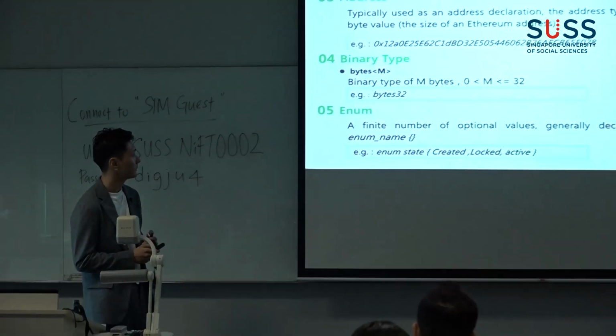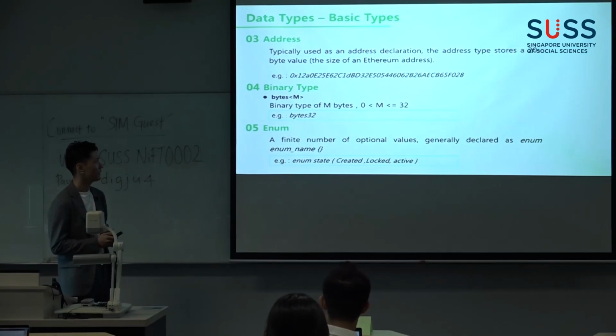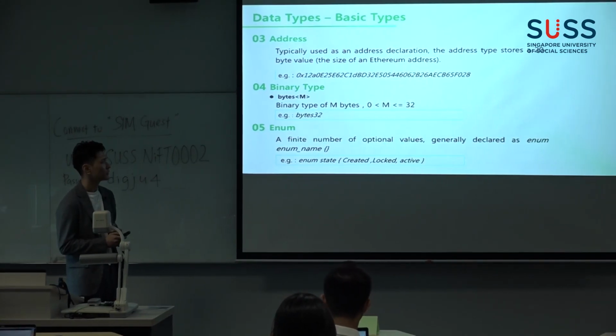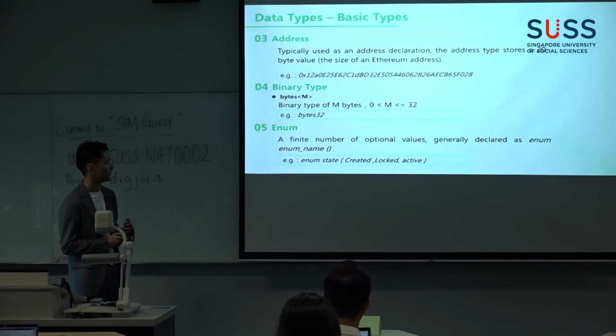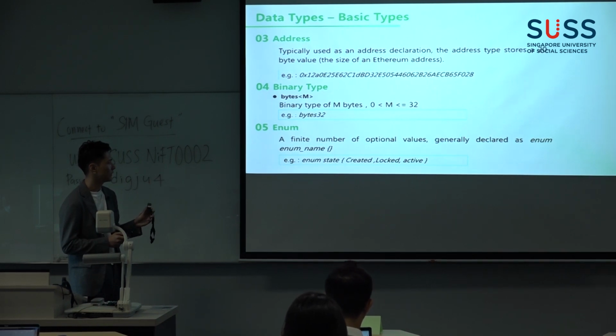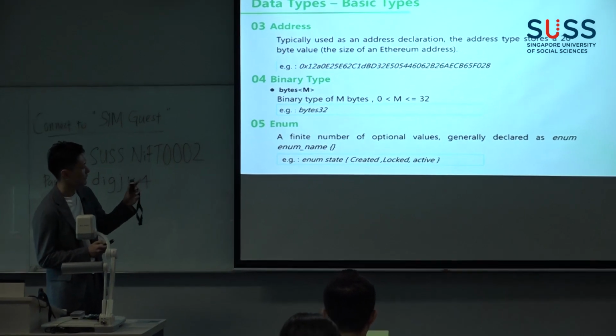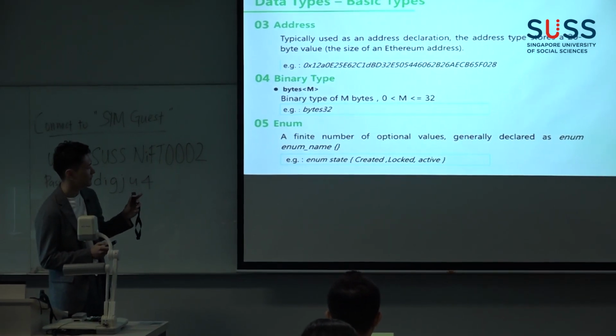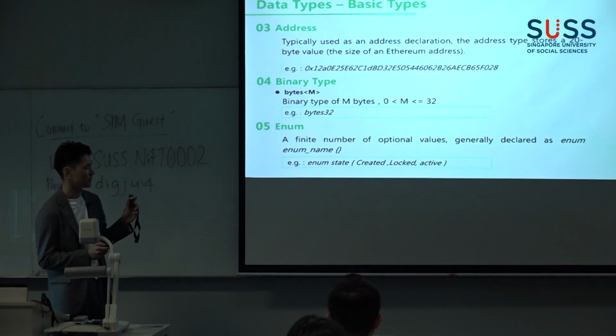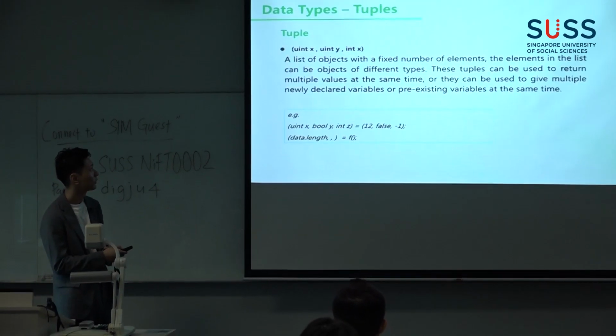Next, we have enum. An enum is a finite number of optional values, generally declared with enum, a custom enum name, and curly braces. So this is an example called state, an enum that has 3 possible values.